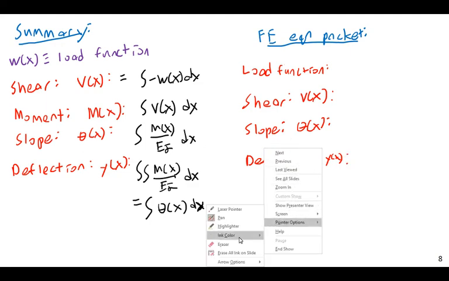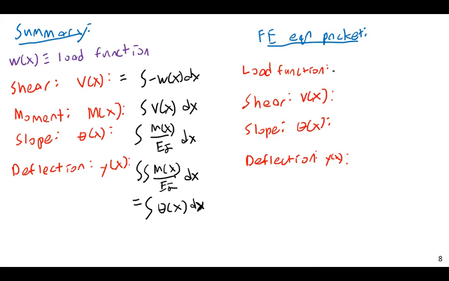And what these are equal to then is, they use q of x for the load function. q of x equals negative dV of x over dx. They say V of x is equal to dM of x over dx.